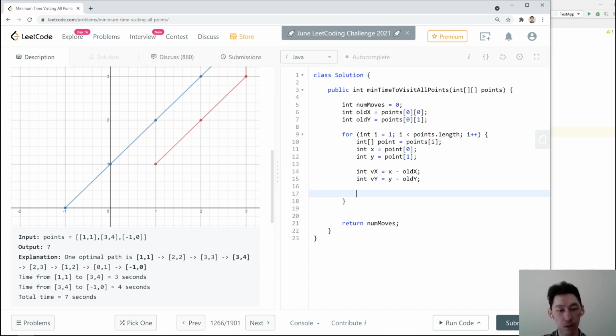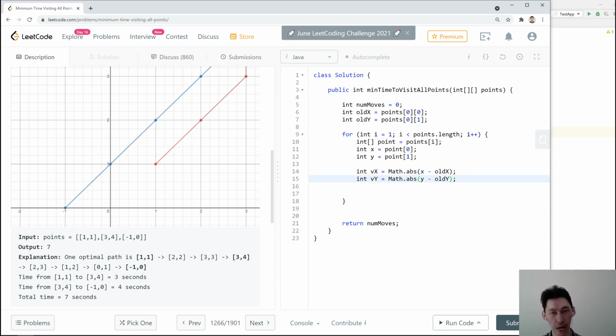So math abs of this and an absolute value of this, because I don't care particularly about the sign.